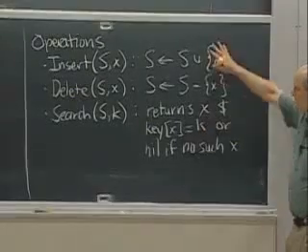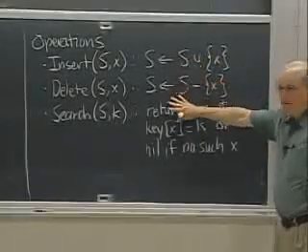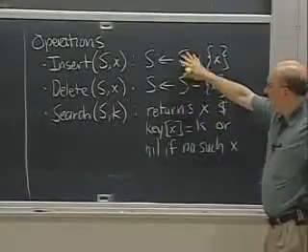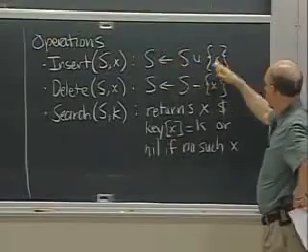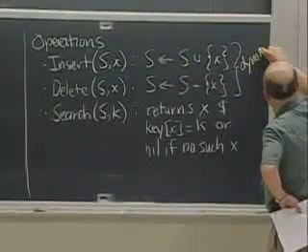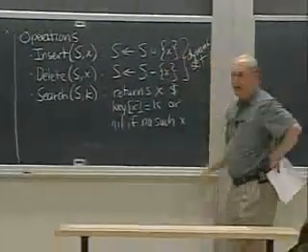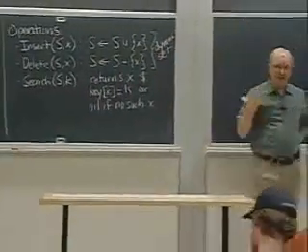Whenever you have set operations that change the set, like insert and delete, we call it a dynamic set. So these two operations make the set dynamic. It changes over time.